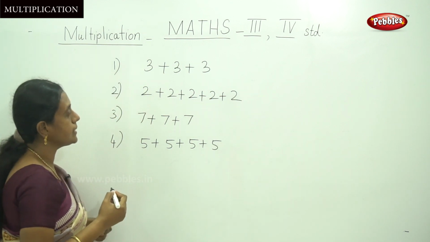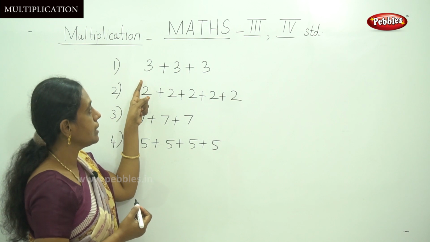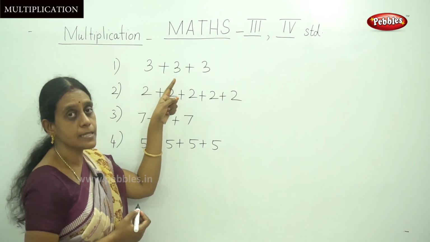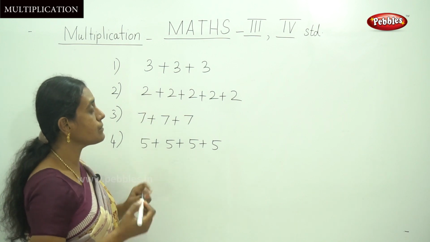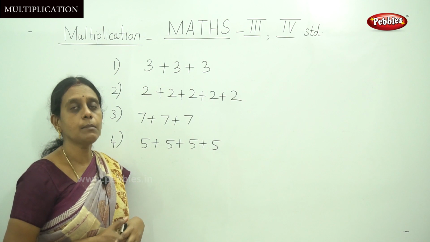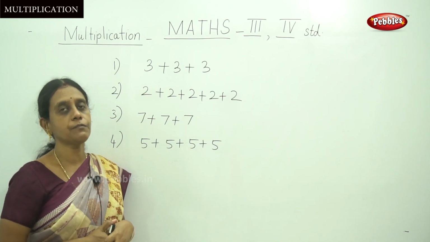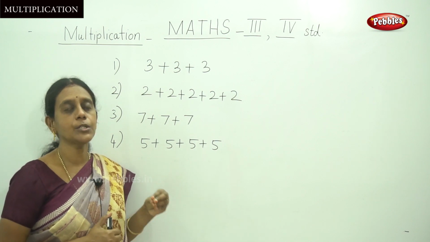Here, listen: 3 plus 3 plus 3. For this, you should start learning the multiplication tables, children. You should learn by heart from the 2 table to the 10 table.